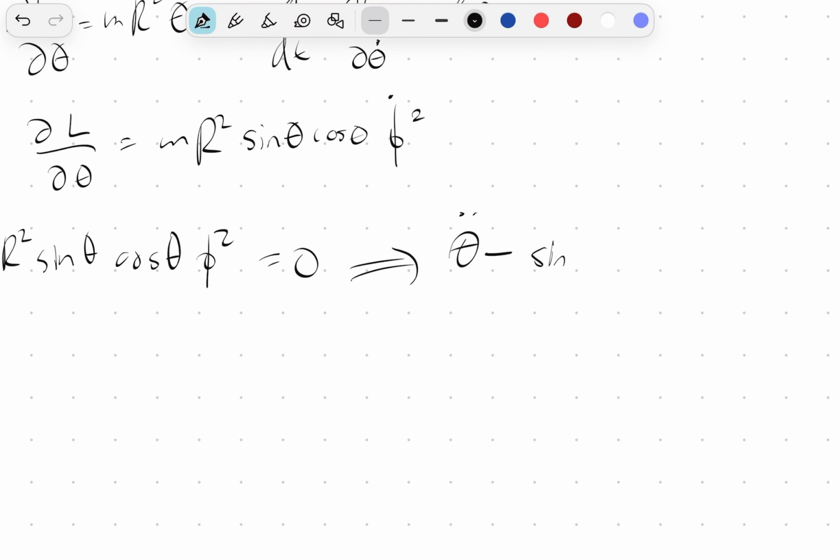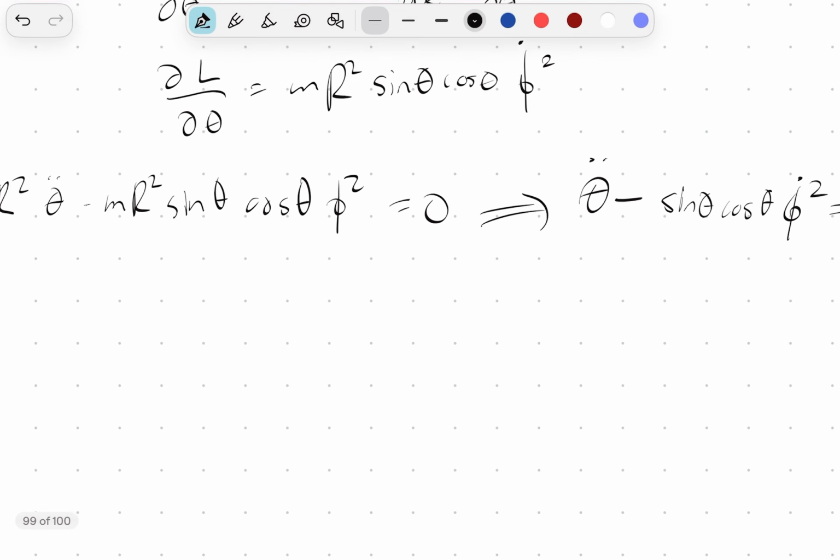Let's write it as sine theta cosine theta azimuthal velocity squared.